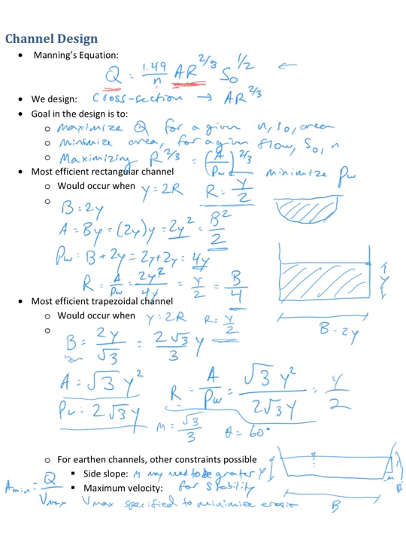And then if we get through our channel design and our cross-sectional area is less than our minimum cross-sectional area, we know our velocity is going to be higher than the specified max, and we have to redesign the channel. So we'll go through that in an example problem in the next video.